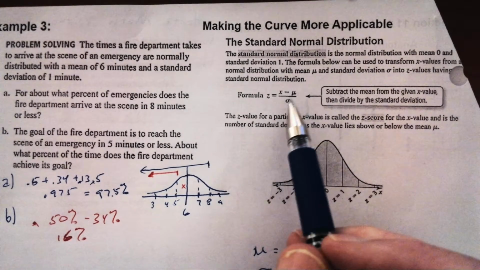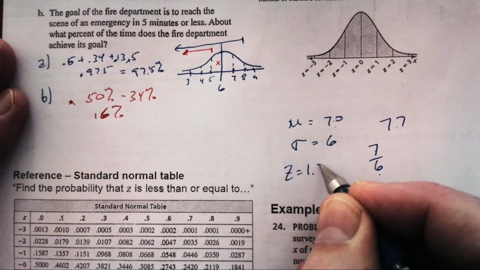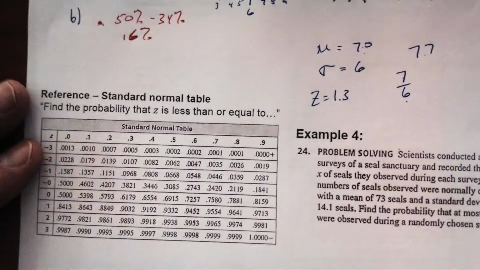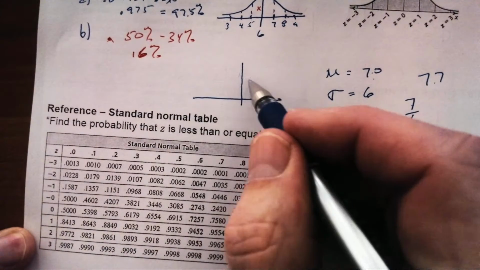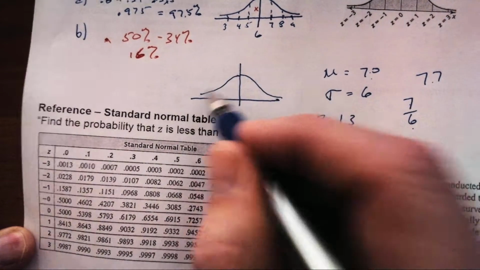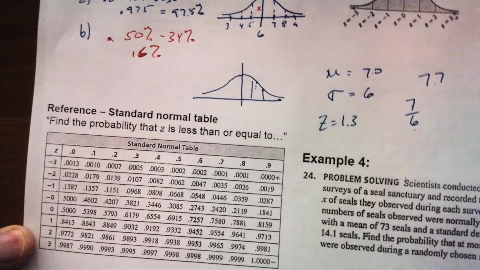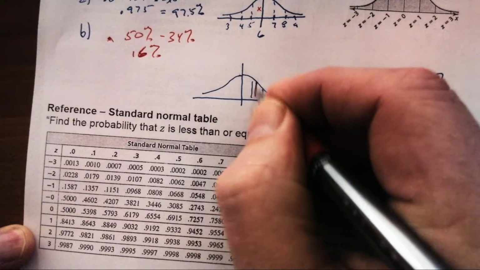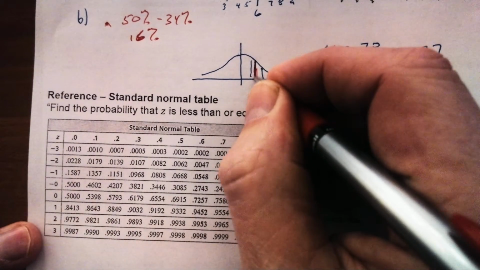Our z-score is useful because let's say we have a z-score of 1.3. Here's what it means. Put it on the graph. Here's 1 standard deviation, here's 2 standard deviations. We're right in here, 1.3 standard deviations.